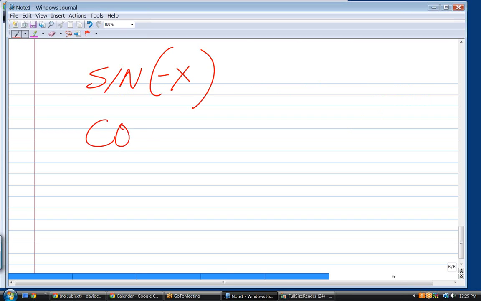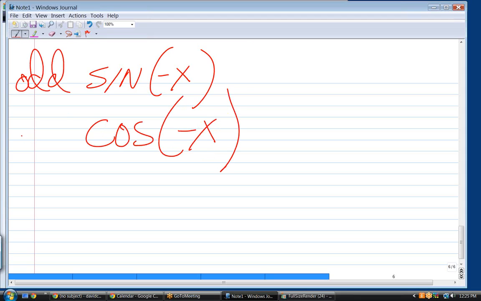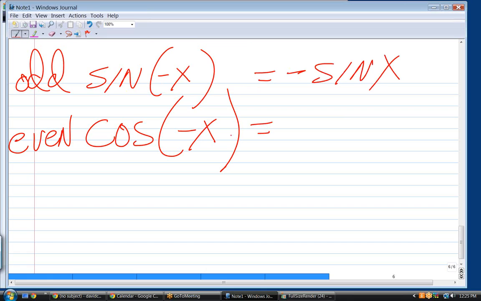Remember odd and even functions? Well, sine is odd, cosine is even. An odd function, the sine of -x is the same thing as minus sine of x. In an even function, the cosine of -x is the same thing as cosine of x. That's the difference.